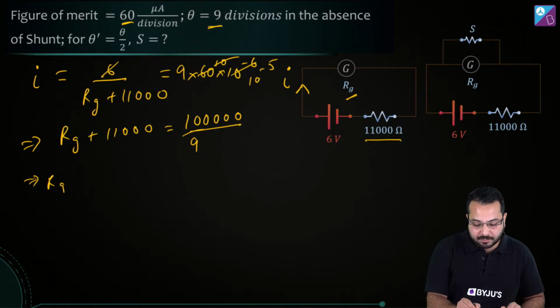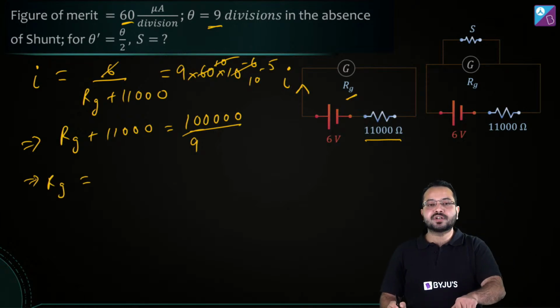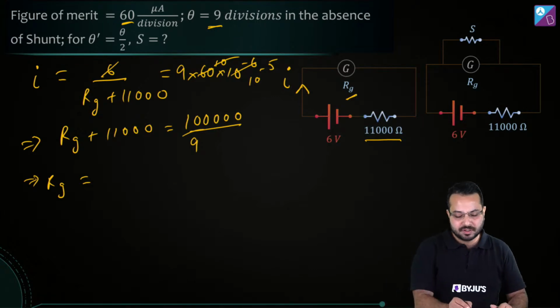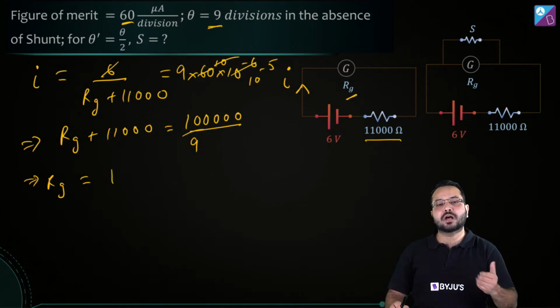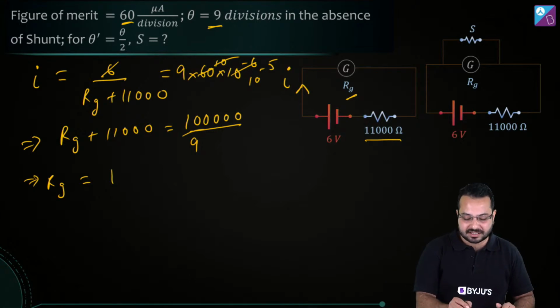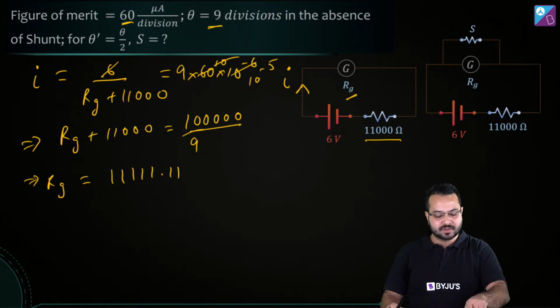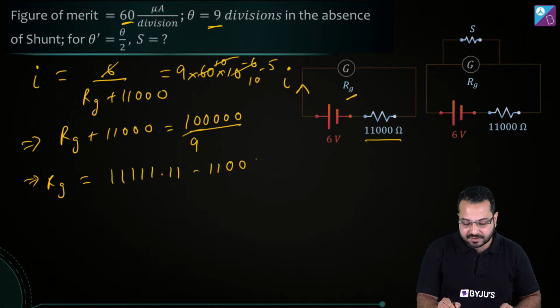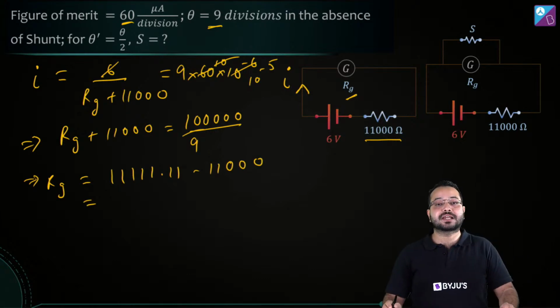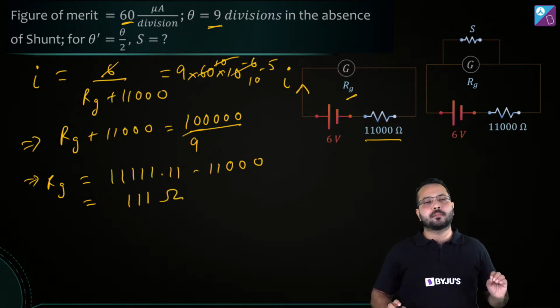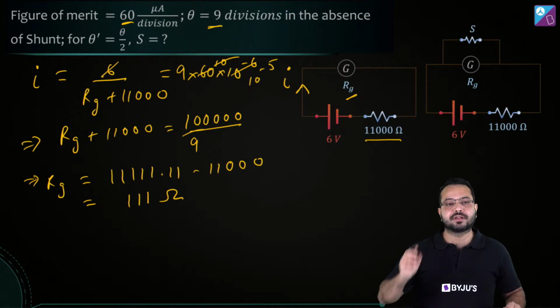So Rg will come out to be 100,000 divided by 9, minus 11,000. Dividing by 9 is very simple. So the value of the resistance of the galvanometer comes out to be 111.11 ohm. I'm going to approximate that as 111 ohm.